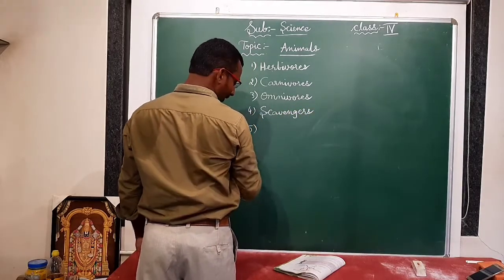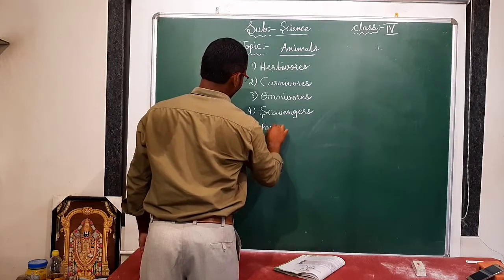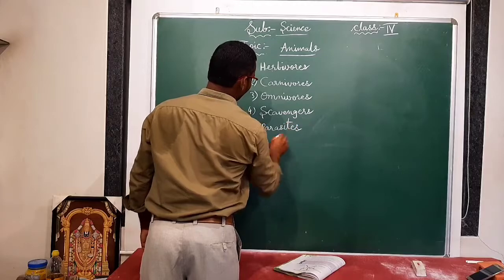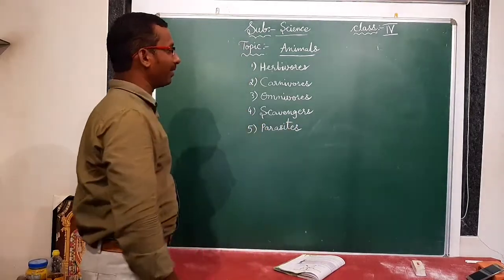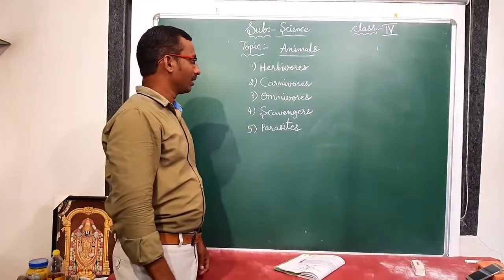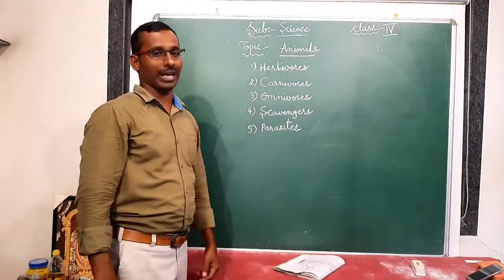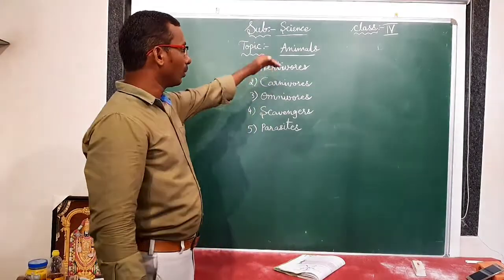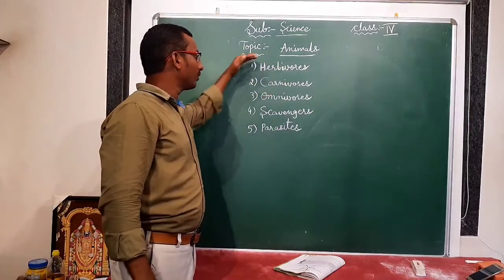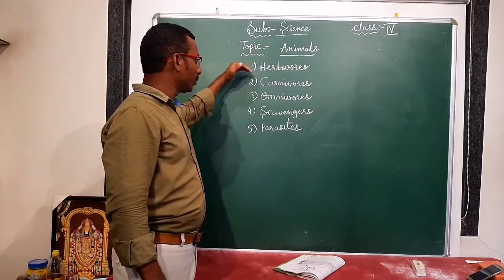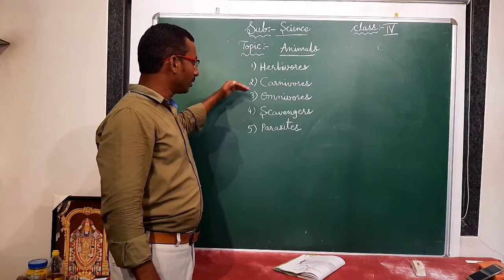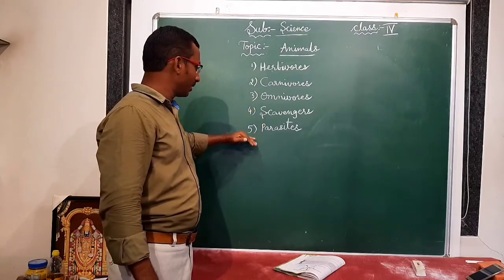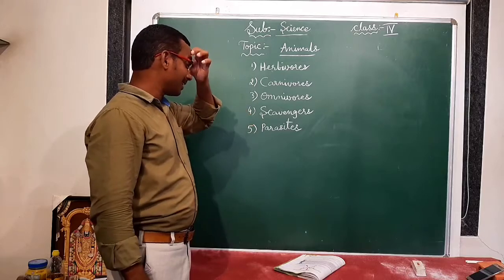And the fifth one is parasites. These are the 5 types of animals according to their food habits. First one herbivores, second carnivores, third omnivores, fourth scavengers, fifth parasites.